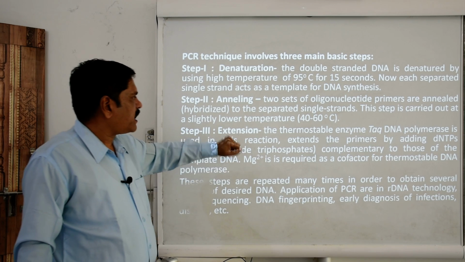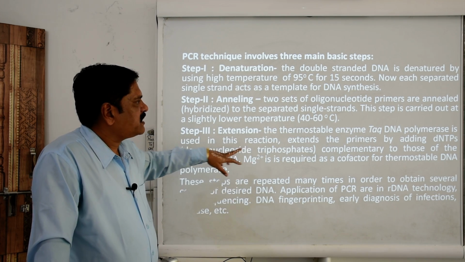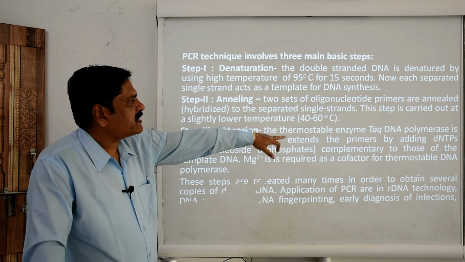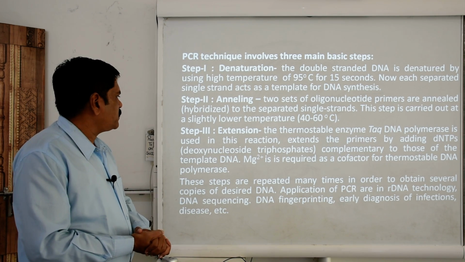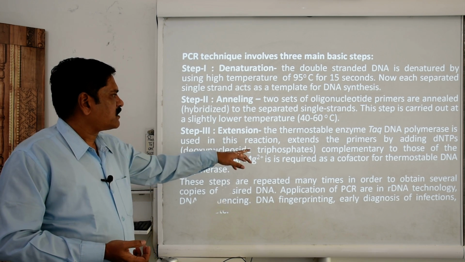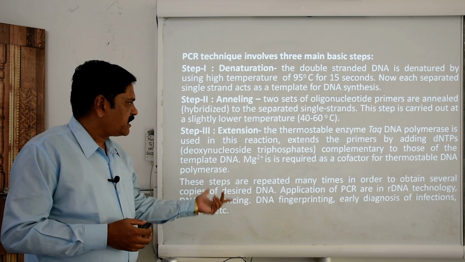Then the third one is the extension. The thermostable enzyme, Taq DNA polymerase, is used in this reaction, which extends the primers by adding deoxynucleotide triphosphates complementary to those of the template DNA.